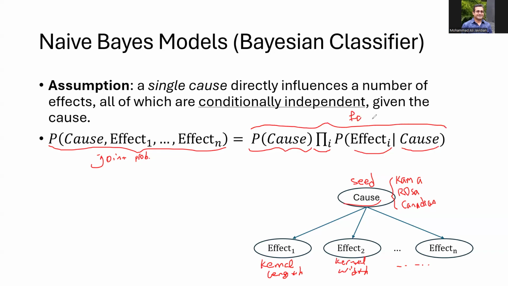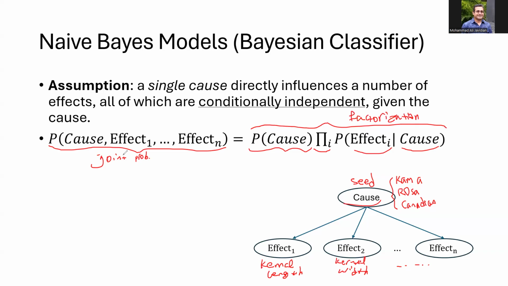We can factorize the joint probability distribution as a product of the probability of the cause and probability of effects given the cause.